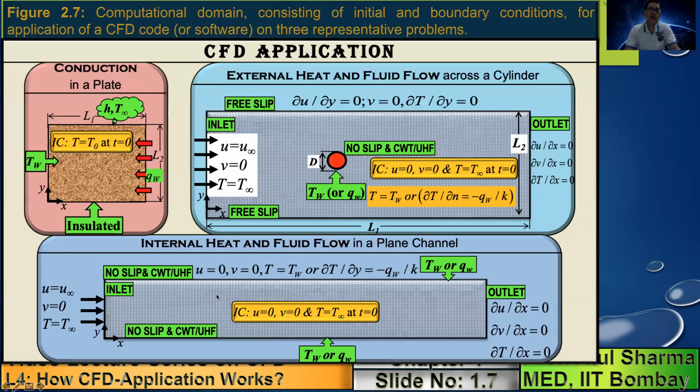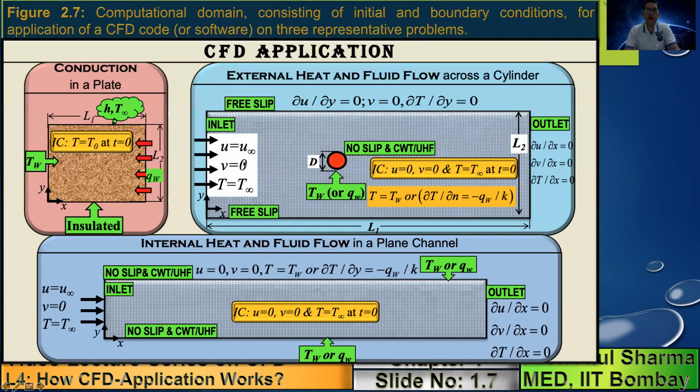So whenever we do CFD applications, in this slide I've shown you the various classes of problem: conduction, external flow problem, and internal flow problem. What are the different types of boundary conditions which we encounter? In a heat transfer problem, we encounter constant wall temperature, insulated, constant heat flux, and convective type of boundary condition.